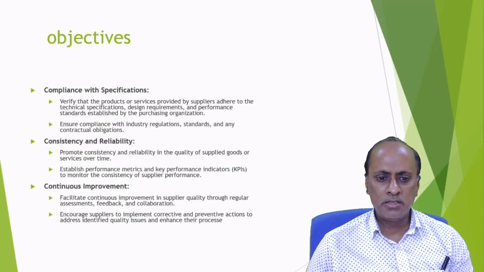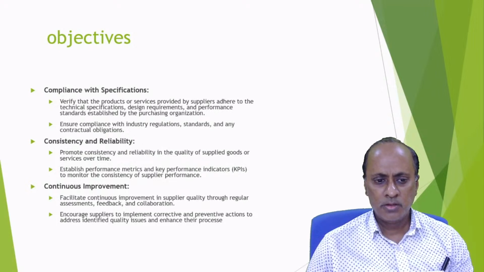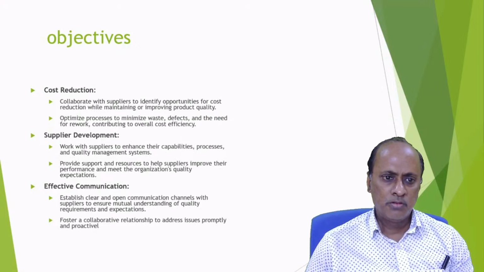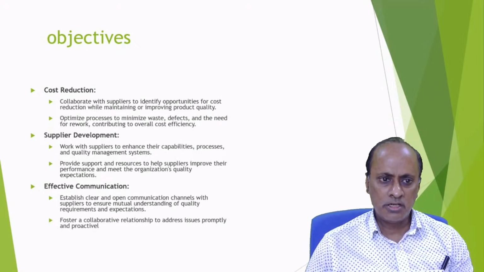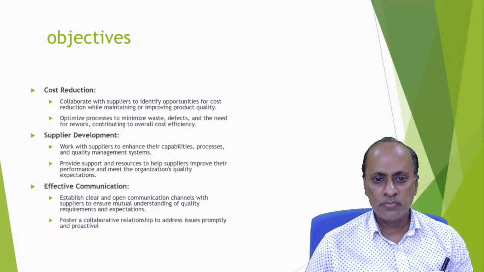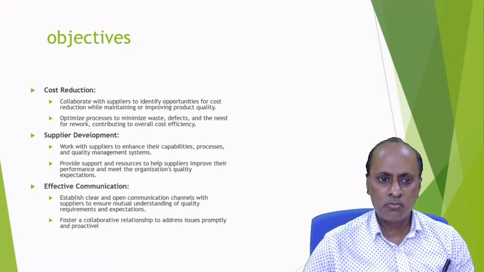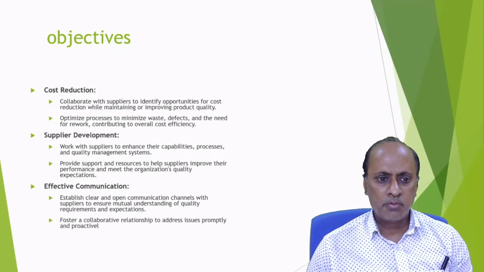Encourage suppliers to implement corrective and preventive actions to address identified quality issues and enhance their processes. Then next is cost reduction. Collaborate with suppliers to identify opportunities for cost reduction while maintaining and improving the product quality. Supplier development.